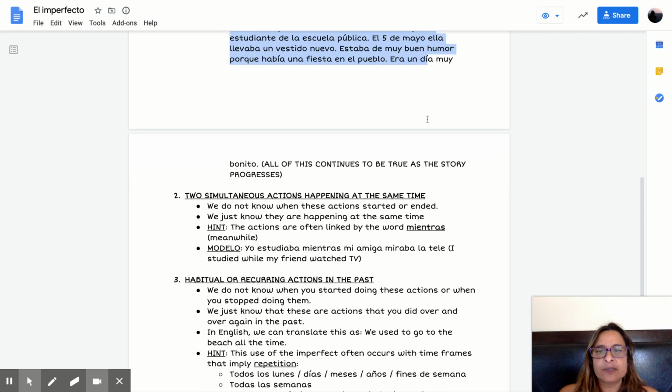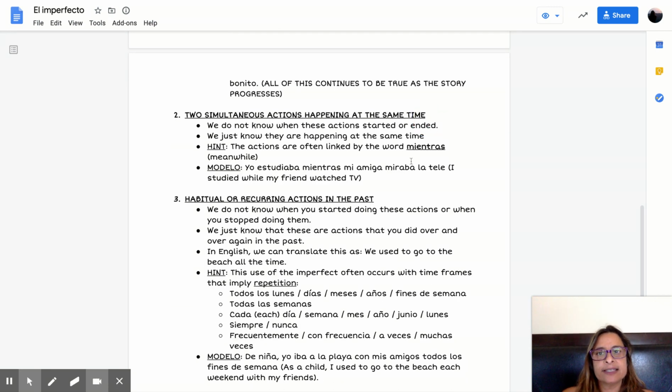All right, as we continue down to the second use of the imperfect, it's 2 simultaneous actions happening at the same time. So I was eating while my friend was watching TV. The students were taking the test while the teacher was grading a different test. It doesn't matter when these actions started. It doesn't matter when these actions stop. What matters is that they're happening at the same time.